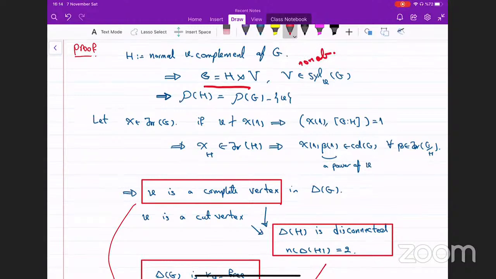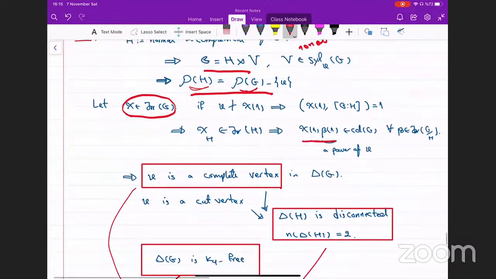So by using the properties that we have in character theory, you can see that rho of H is exactly rho of G minus V. So every prime that appears here except V is a prime in rho of H. And you can see that for any character that we choose in Irr of G, whether V divides the degree of this character, if not, then you can obtain a character out of this, according to Gallagher's theorem, whose degree is divisible by V.